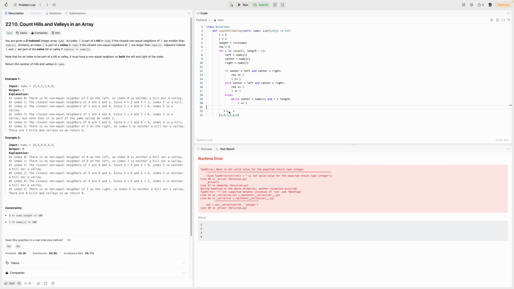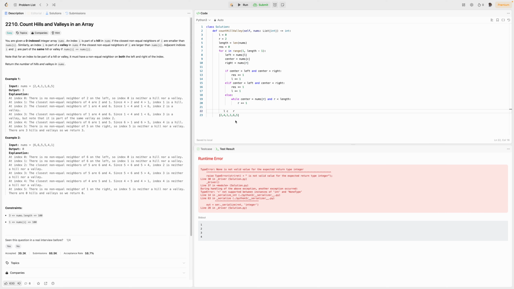And when we get to here, when none of this condition is met, well actually, in this case, one of the conditionals is already met. In this case, we don't want to increment L because we find a value here, but R is way over here.